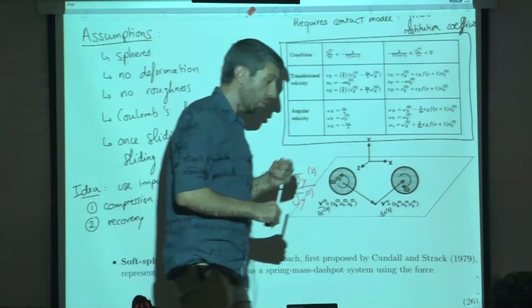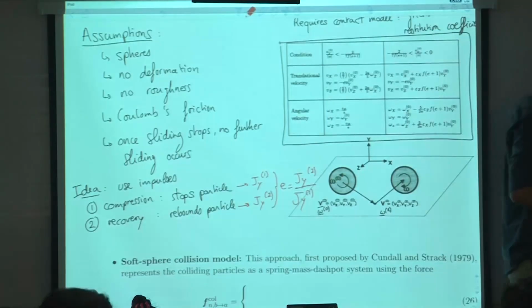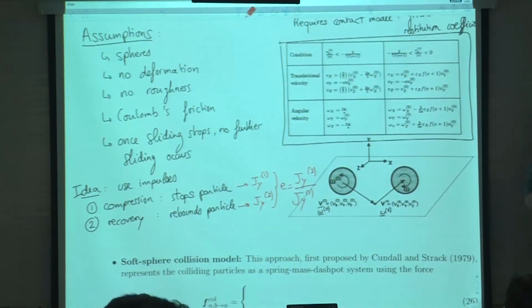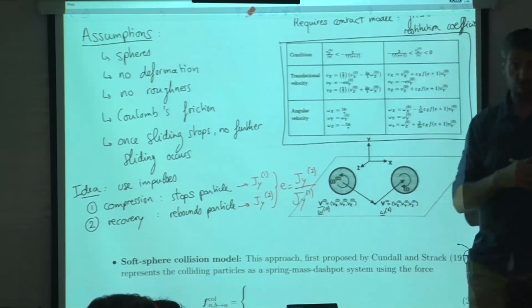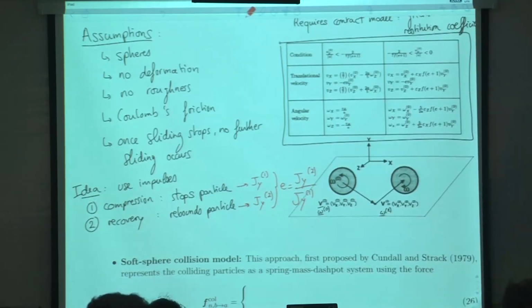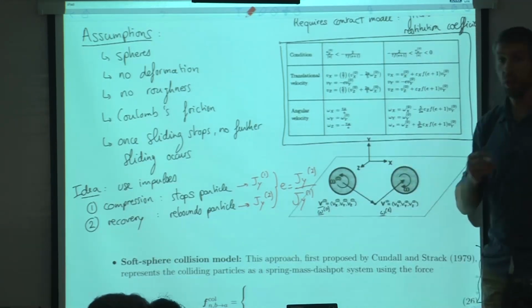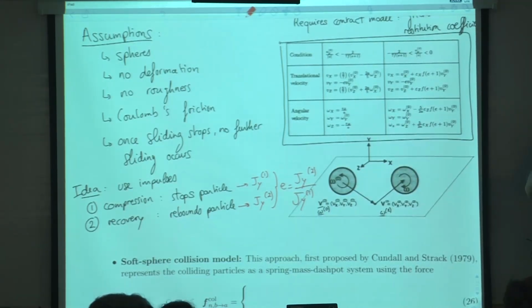Now, in terms of the implementation, this is all fine, and it seems practical from the perspective of the fact that collisions are instantaneous. They're handled once they happen. The issue, though, is that you need to apply this impulse treatment exactly at the time of contact between two particles in a colliding pair.